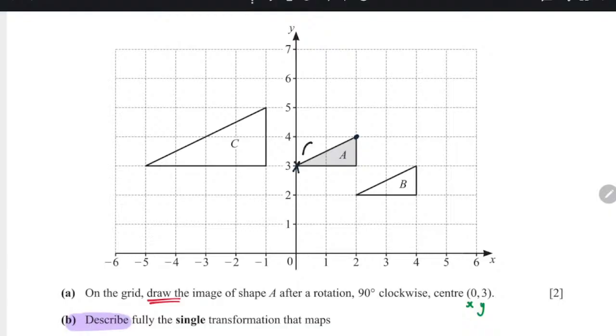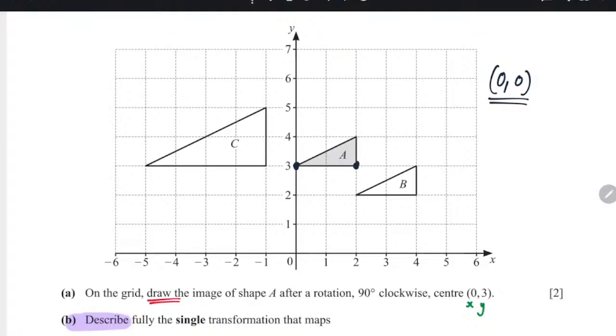The first point is what? It is 0, 0, right? This corner here. Listen, we are measuring starting at the center of rotation. Can you see that we have a corner of shape A that is exactly at the center? So we say it is at 0, 0. Now let's take this second point because we are going to rotate all of them.